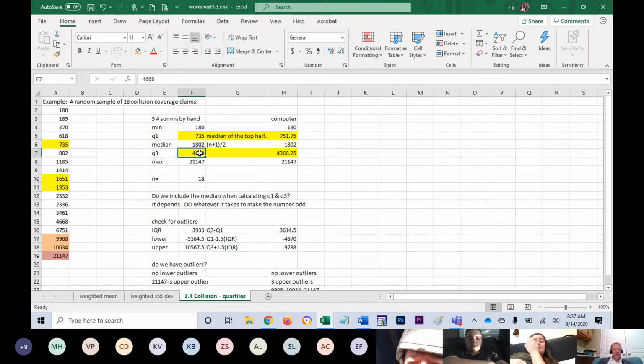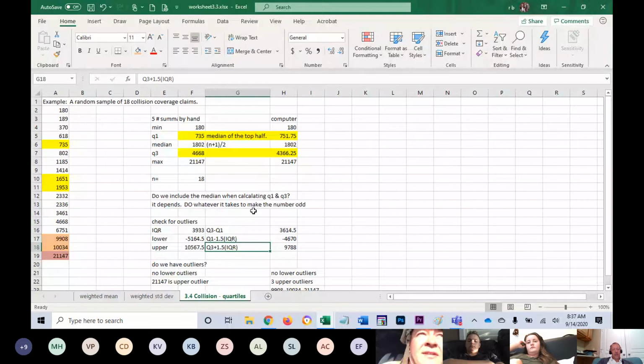So we're going to be using these numbers here plus or minus 1.5 times your interquartile range, depending on which side you're on. So on the low side it's minus, on the upper side it's plus. Okay, thank you.